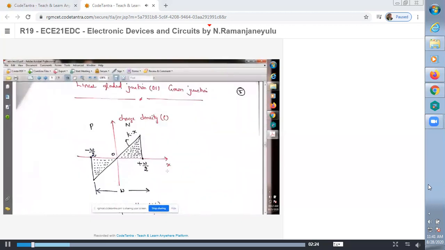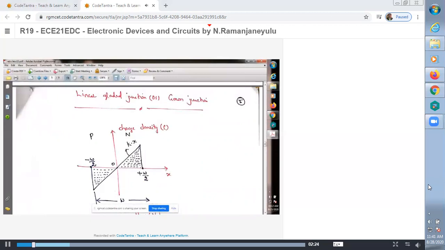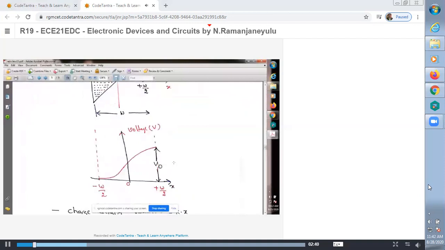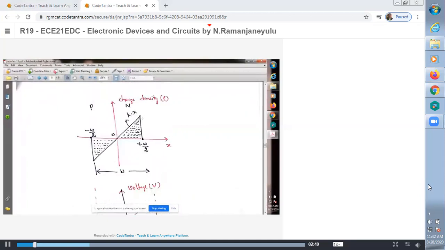Similarly, we derived the same capacitance expression for linear graded junction also. This is also called graded junction or linear graded junction. This is the voltage profile, and this is the charge density profile.